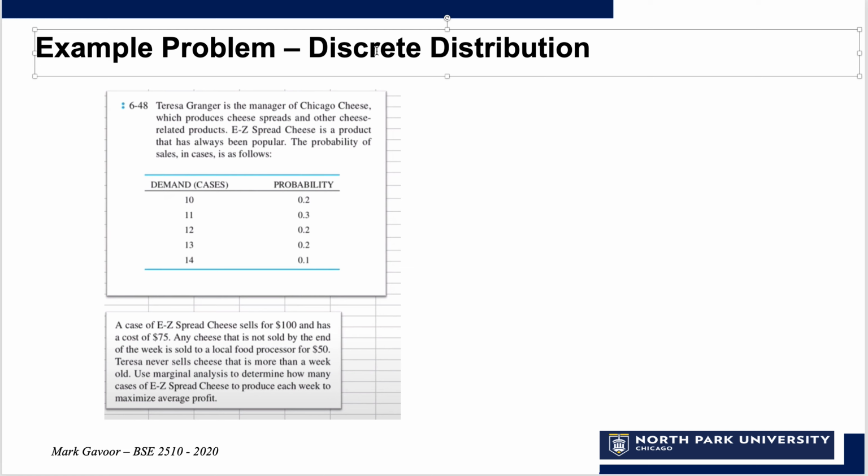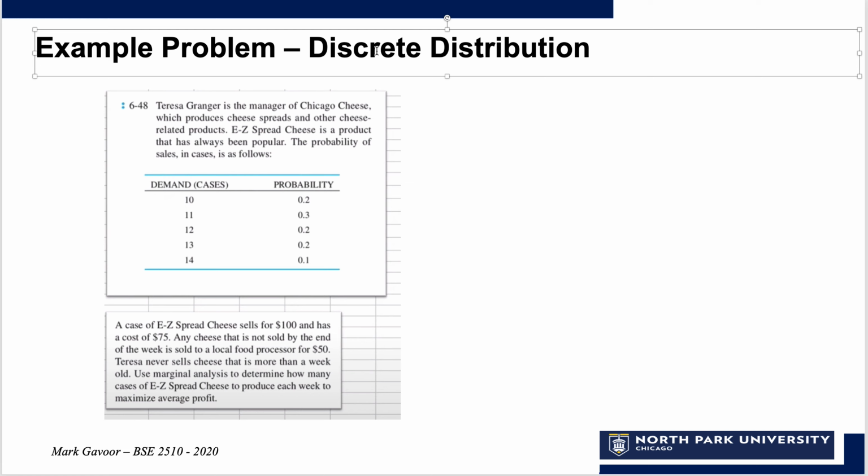In this case, we have 5 different states of demand, and we have probabilities of those occurring. There's 2 versions of this that normally are covered in a class perhaps like this: a discrete distribution like this, or using the normal distribution, which we're not going to cover, because then I'd have to refresh you on the normal distribution and how all those tables work.